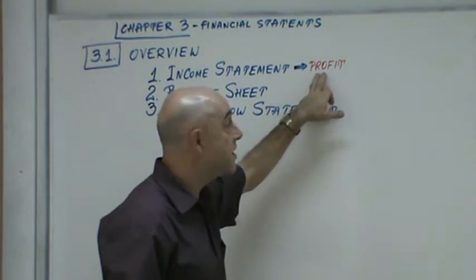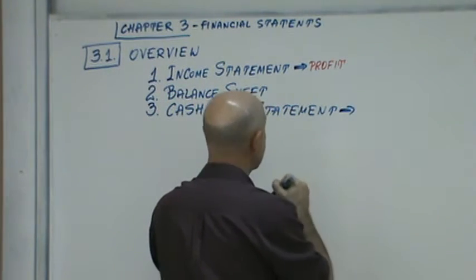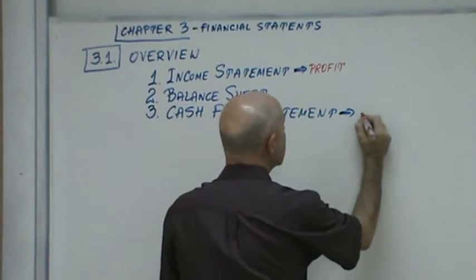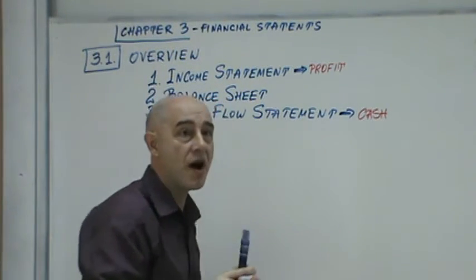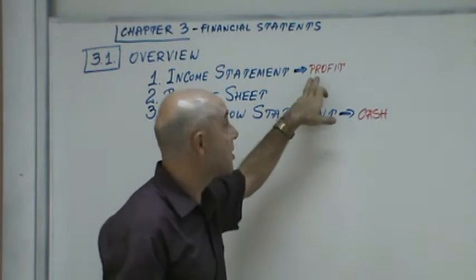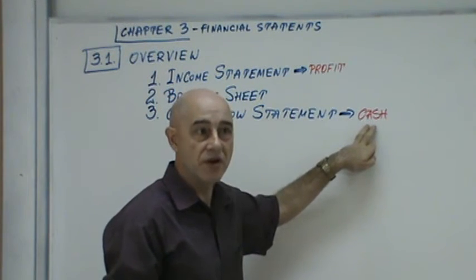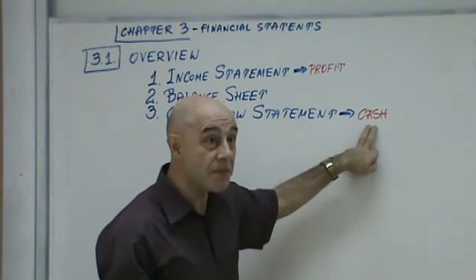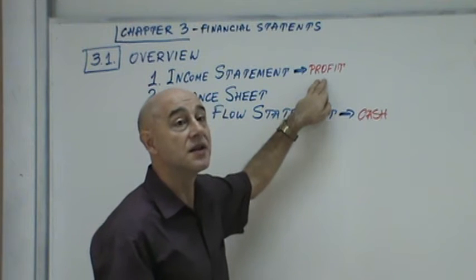And then it's important to understand the difference between cash and profit. There are companies that generate a lot of profit but have very little cash. And its opposite is possible. You can generate a lot of cash with little profit.